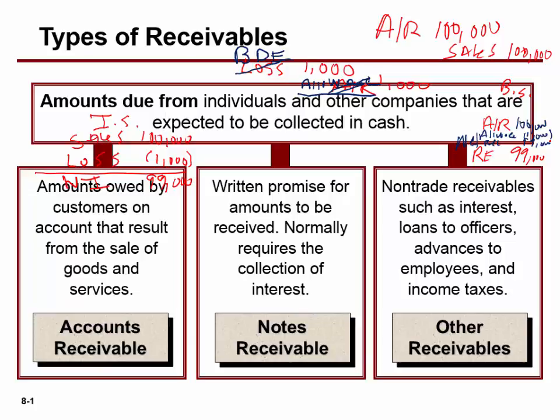How much am I going to collect? 90,000. Really? Am I really going to collect 90,000? Because maybe the same bad economic downturn that affected this guy is going to affect another one of those 10,000s, right? So now I'm saying my uncollectability rate is not 1%. It's not even 10%.